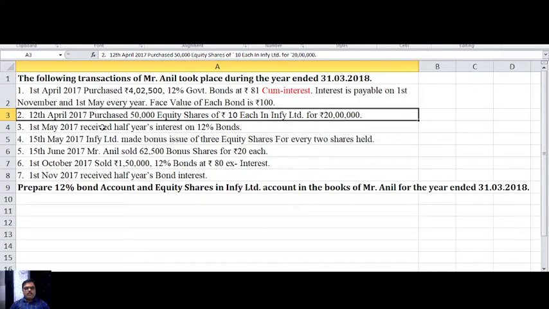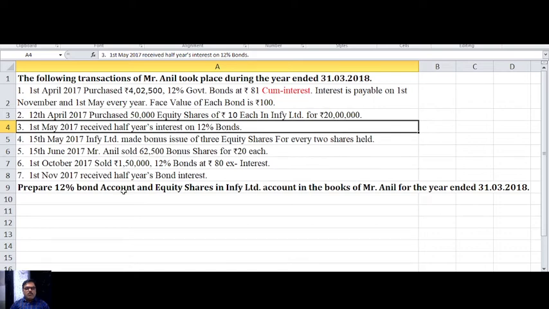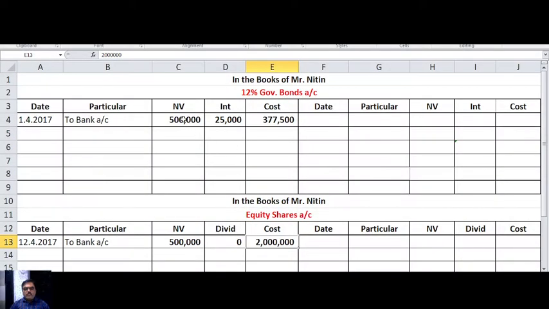Next. On 1st May 2017, Mr. Nitin is going to receive that interest of 12% bonds for half year. Half year means 6 months. So whatever the bonds that Nitin is holding. Now Nitin is holding, what is the nominal value of bonds? 5 lakh.